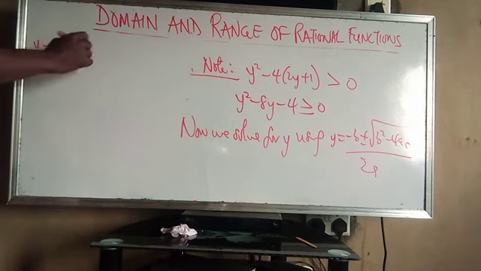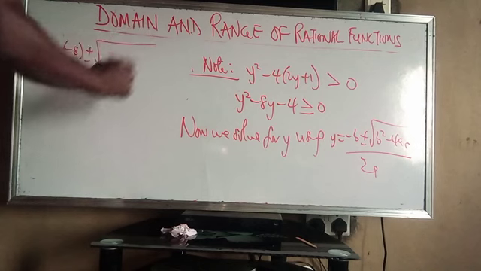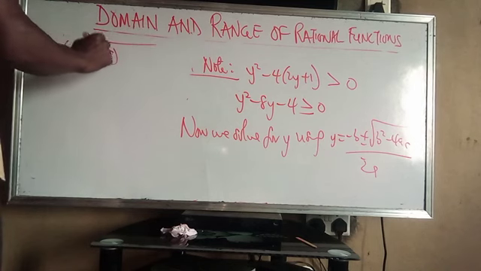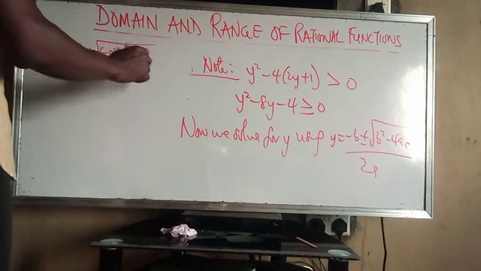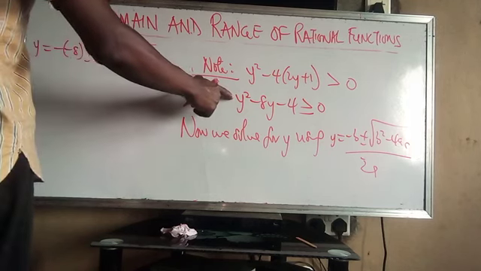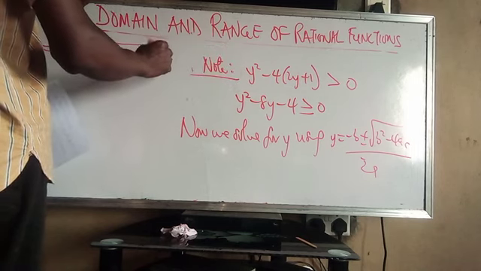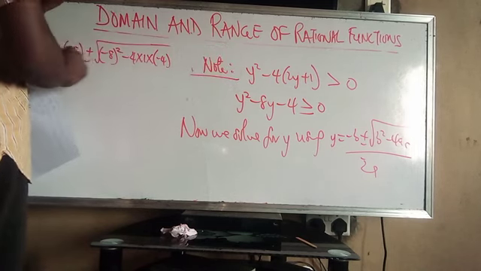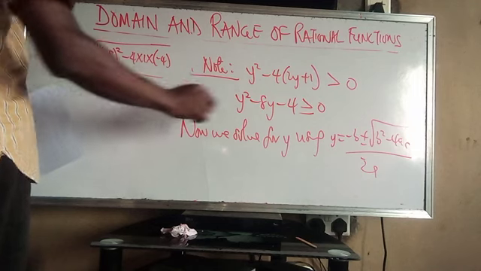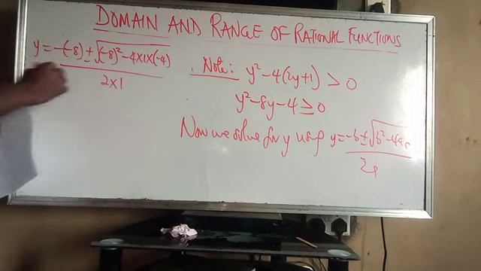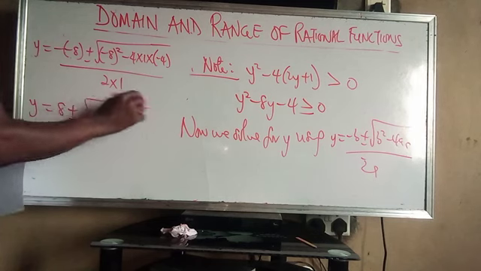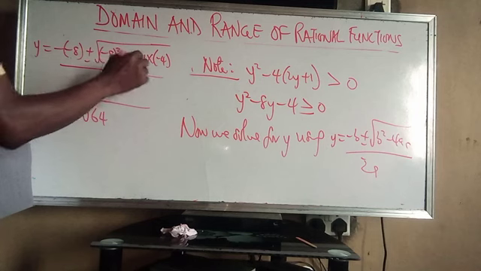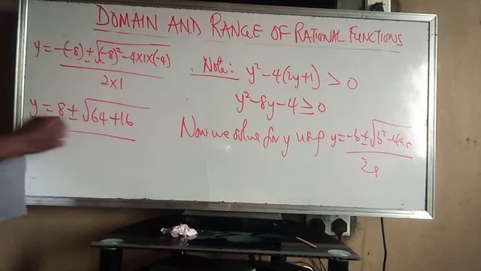So y equals minus minus 8 plus or minus the square root of b squared, minus 4 times a, which is 1, and our c is minus 4, all over 2 times a, which is 1. So y equals 8 plus or minus the square root of 64 plus 16, all over 2.